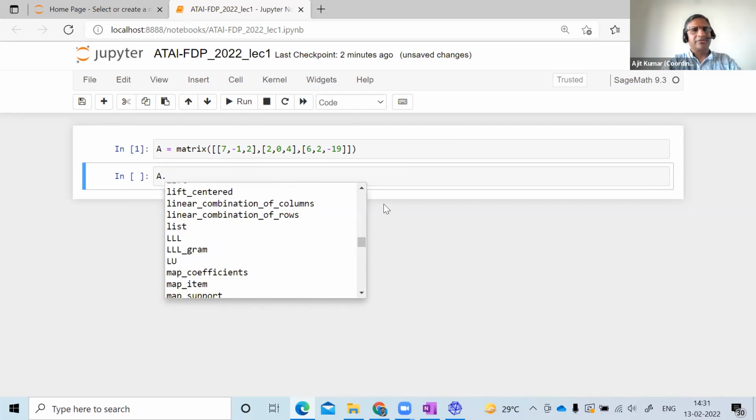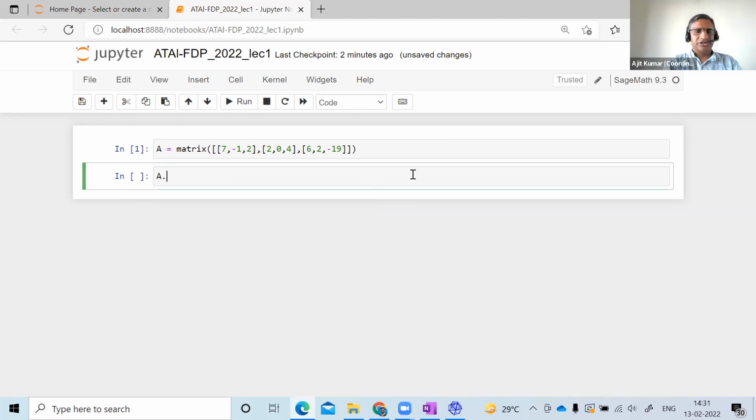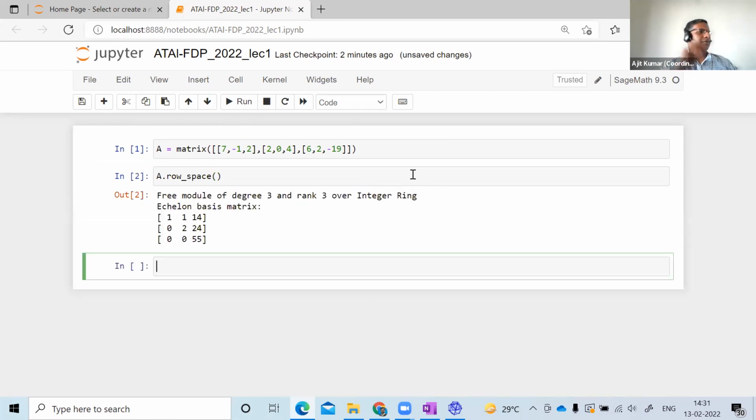So for example, today we talked about what is the row space of A. You see that it says the row space of A is a free module of degree 3 of rank 3 over the integer ring, and its echelon basis is this. Similarly, you can find the column space of A dot column space.